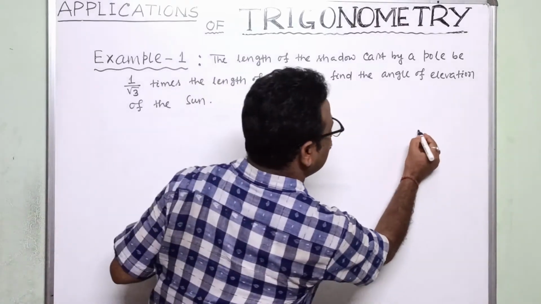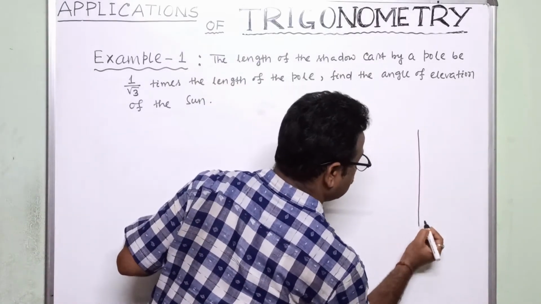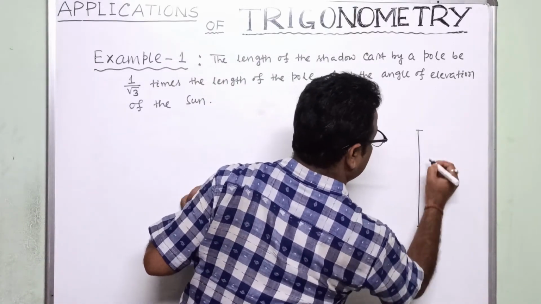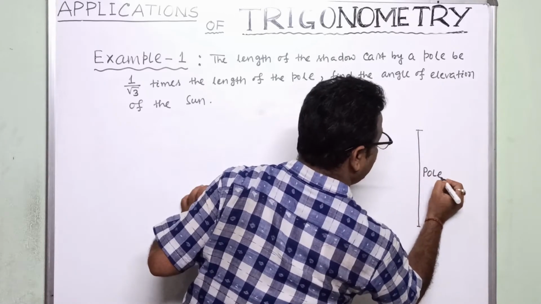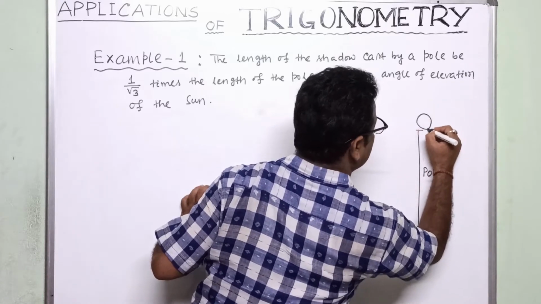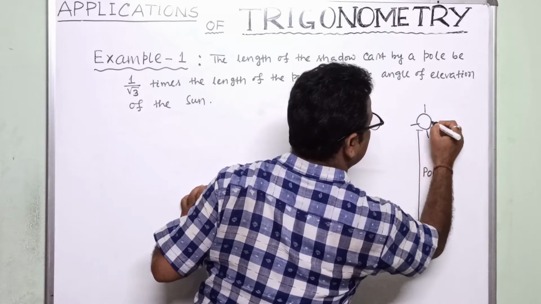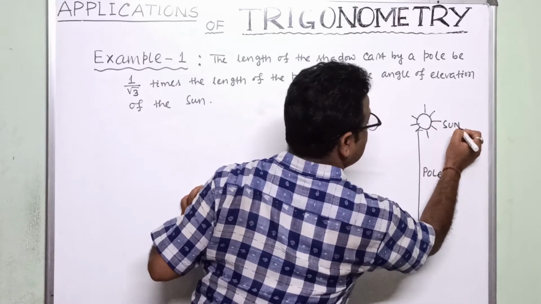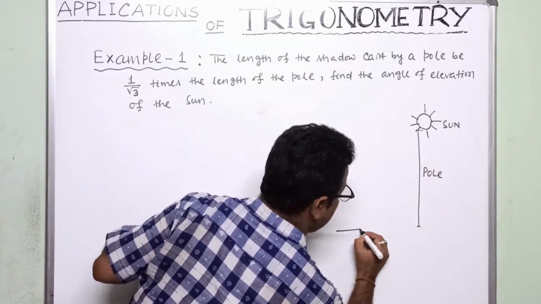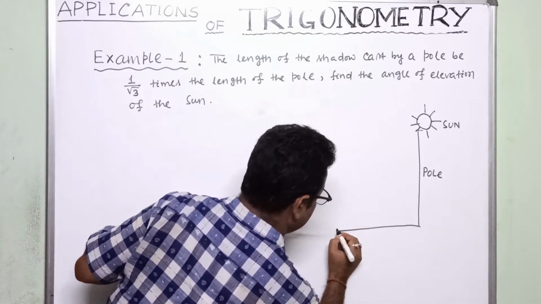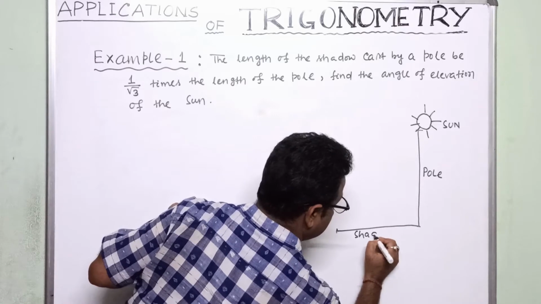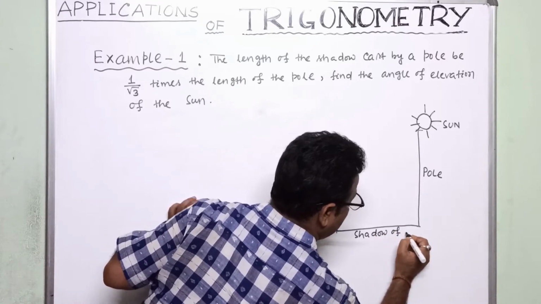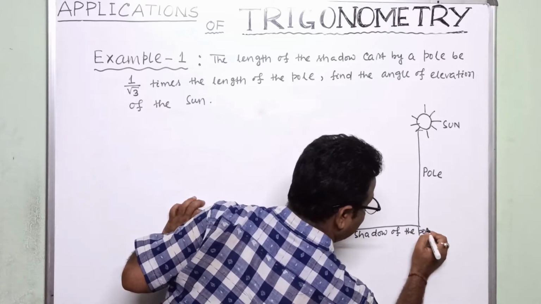Now this is your pole. Here is the sun. This is the shadow of the pole.